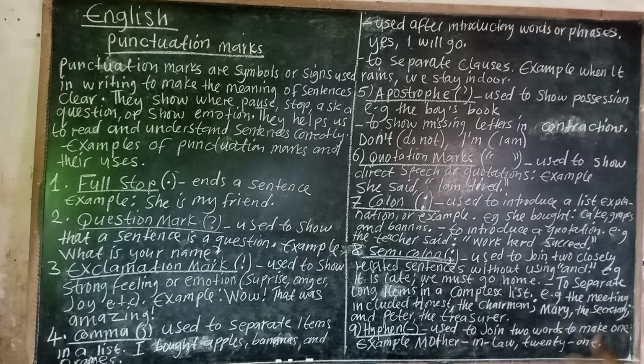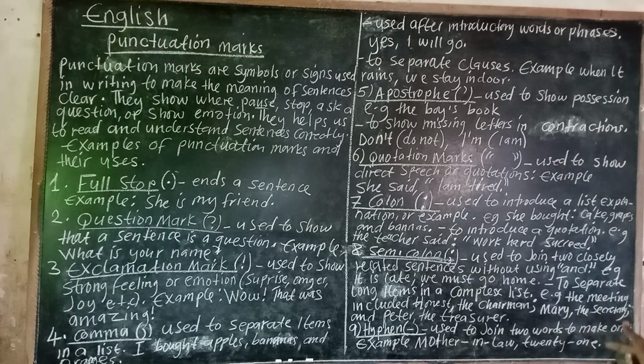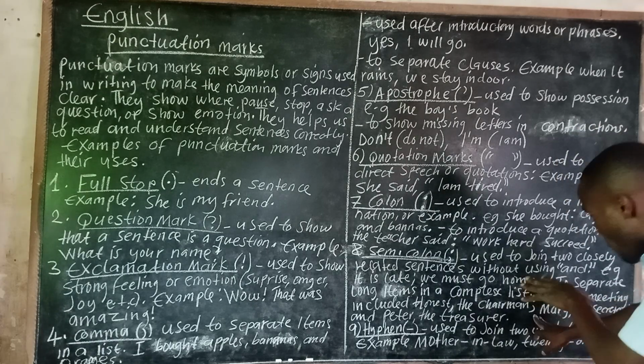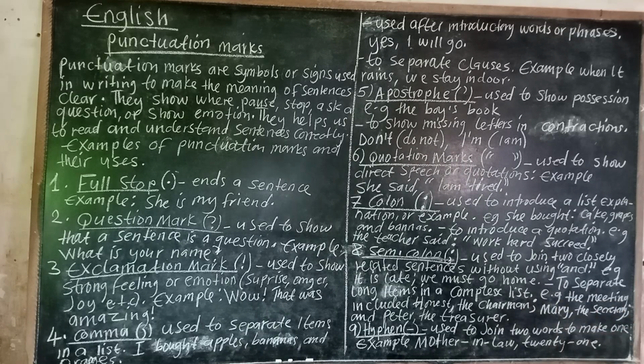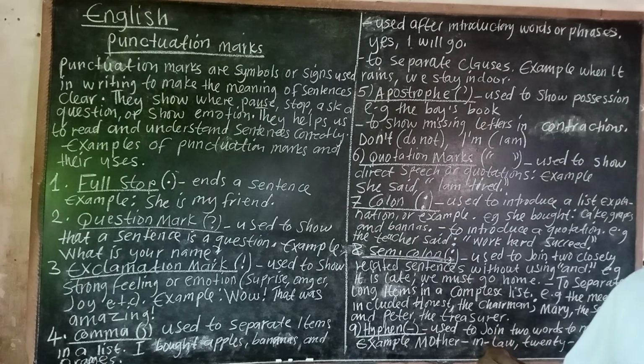E.g., the meeting included Honest, the chairperson; I mean semicolon, you have to put a semicolon there; Mary, the secretary; and Peter, the treasurer. So it is also used to separate long items in a complex list. That is the semicolon.